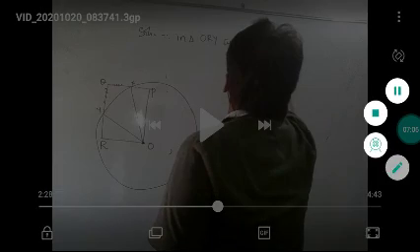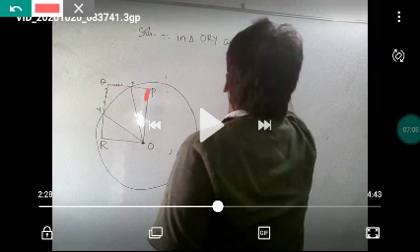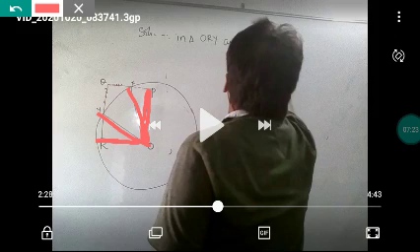See, OR and OP are the sides of the square. By mistake I had written them as the radius; you don't consider that as the radius. The radius is this. Just now I have seen that mistake. Sorry for that.